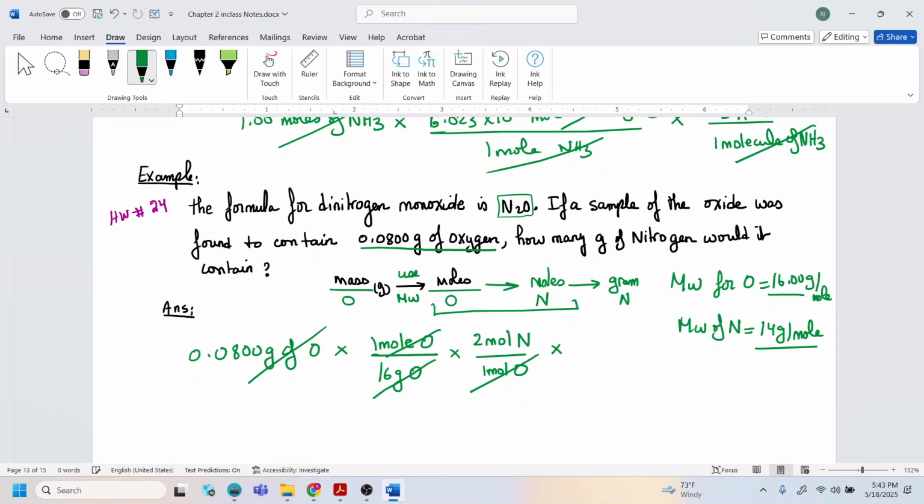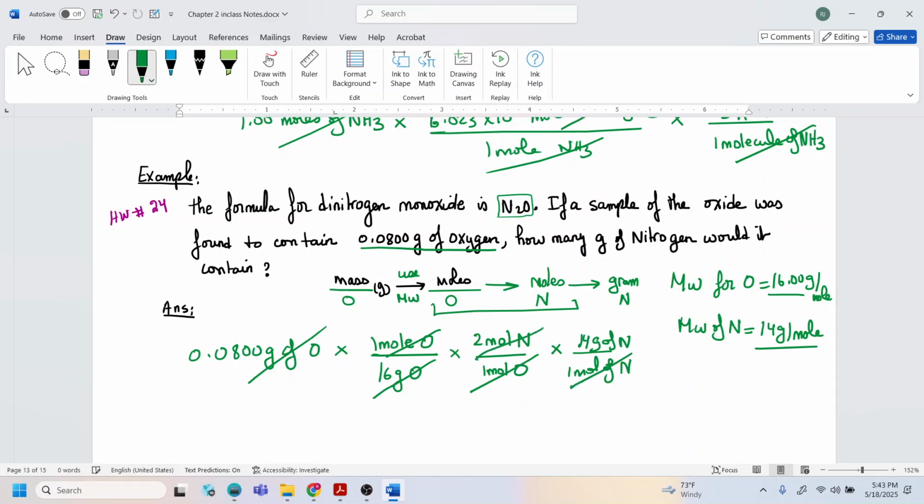Once I get the moles of the nitrogen, then I can go to the grams. Moles to grams, I'm going to use definitely the molecular weight of nitrogen. So I know now for every 1 mole of nitrogen, that is equivalent to 14 grams of nitrogen in there.